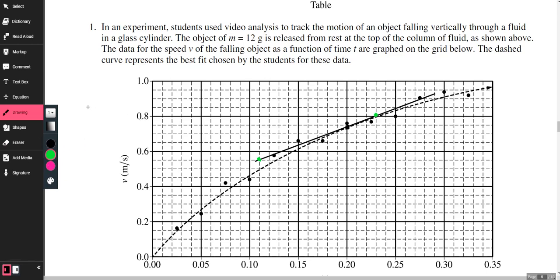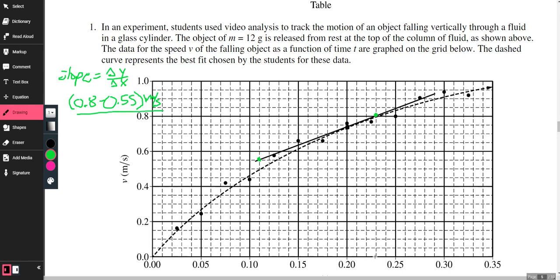So let's see. The slope is equal to change in y over change in x. So 0.8 minus 0.555, these are meters per second. And then I could divide it by the x values.